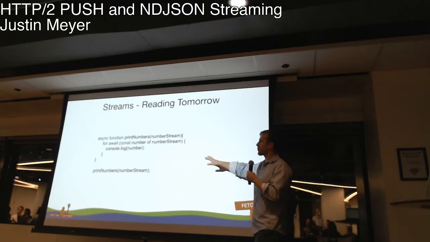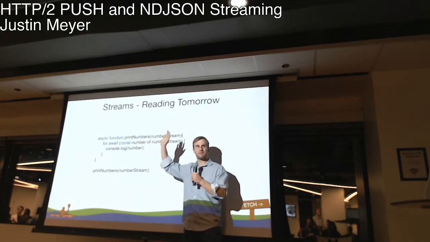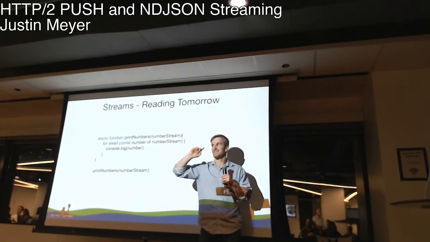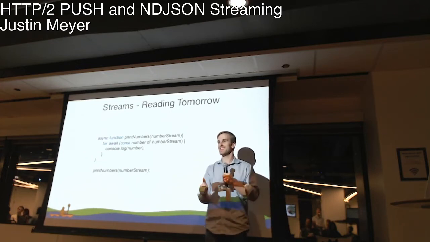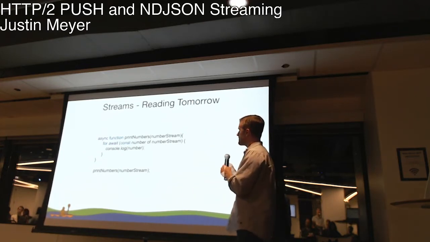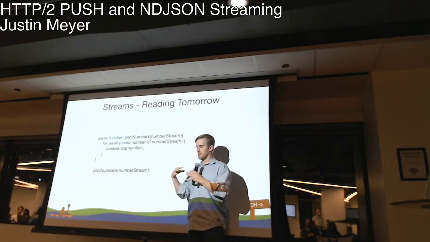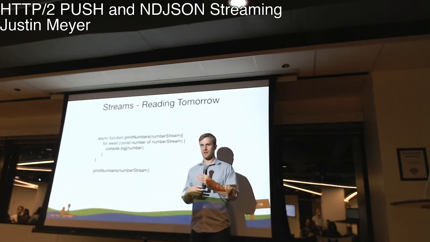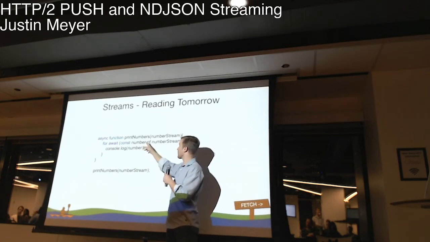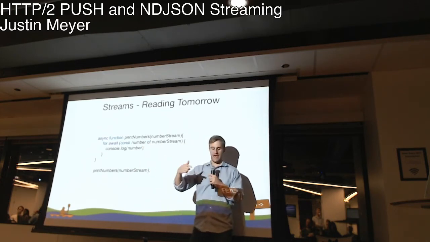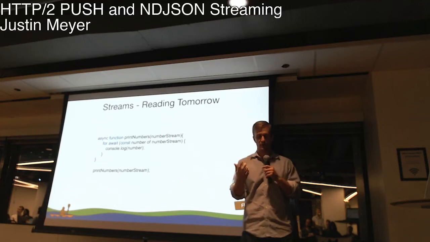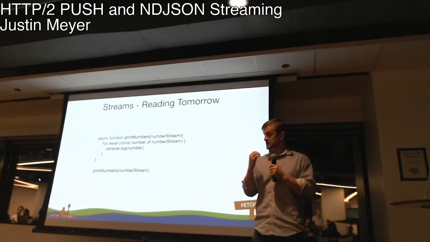And then there's a new for await syntax. Has anybody seen this? No? Okay, cool. In JavaScript, they added the iterator symbol, which allows you to use a normal for of to iterate through anything that implements the iterator symbol.